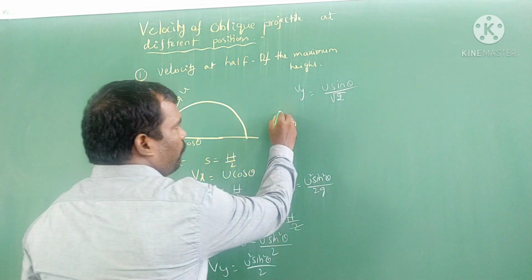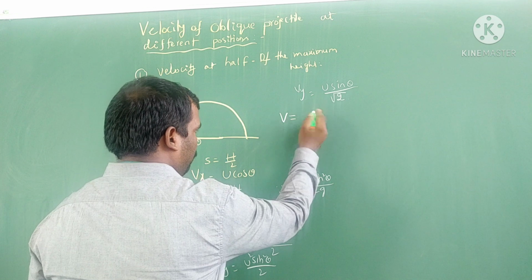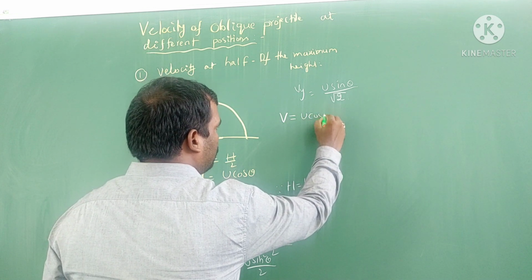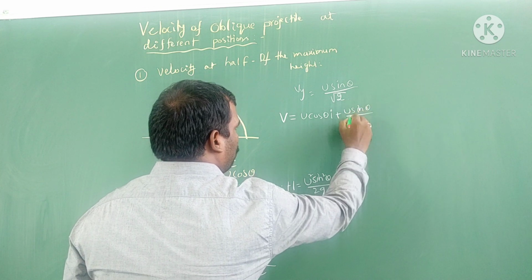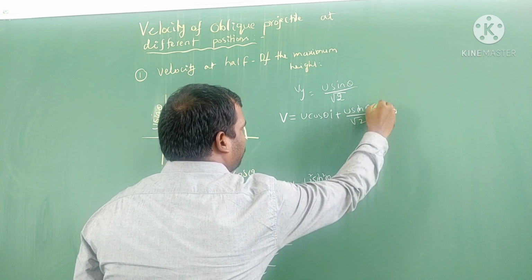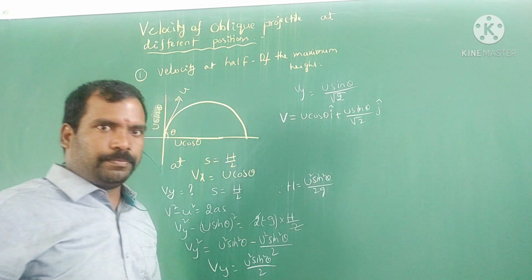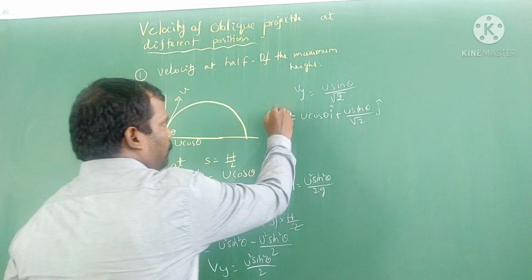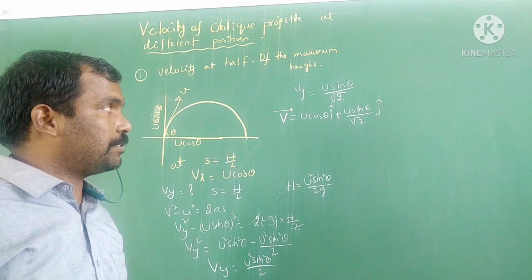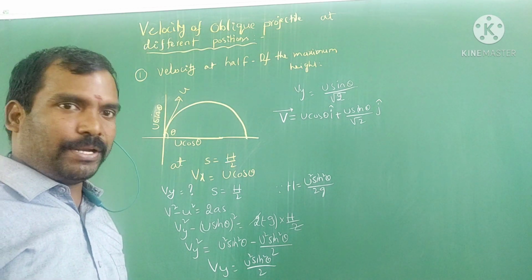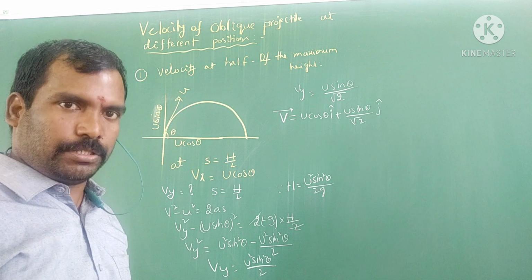The total velocity, if I want to write, is u cos theta i plus u sin theta by root 2 j. This is the vector component velocity at half of the maximum height.